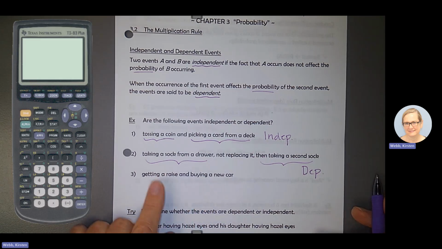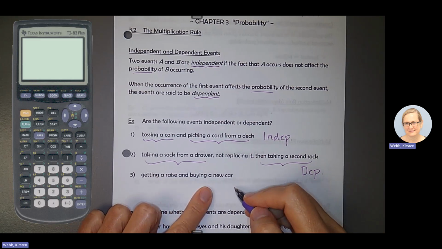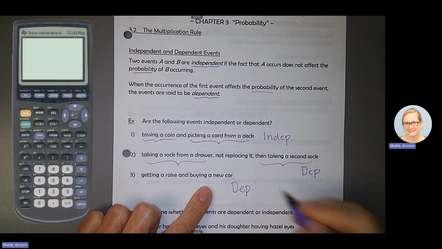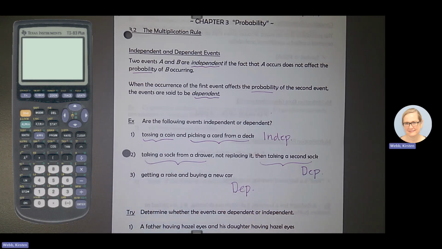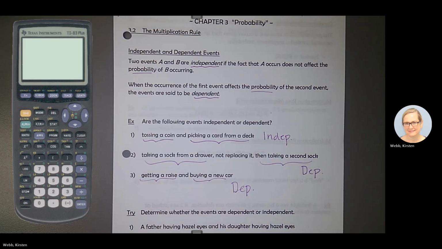Yeah, there's a bit of a link there. Not getting a raise would maybe mean not buying the car. People tend to agree that those are also dependent. And again, we're not saying that's definitely going to happen, just that there is some kind of a link. Having more money means you might buy something you've been needing to buy.